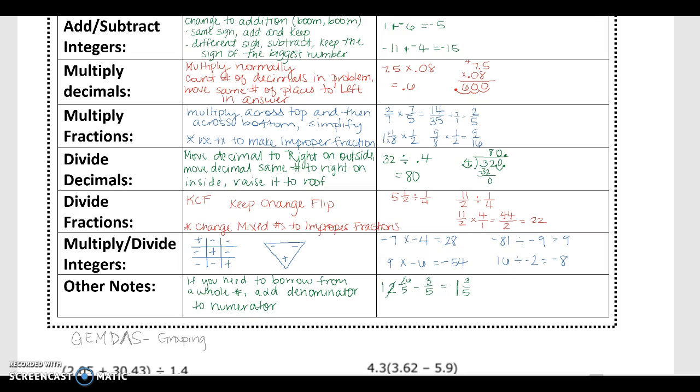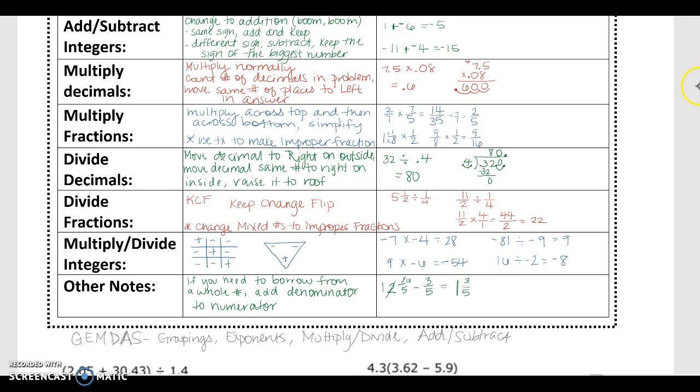So groupings meaning parentheses, then exponents. You're going to multiply or divide, whichever one comes first, left to right, and then either add or subtract. Okay?